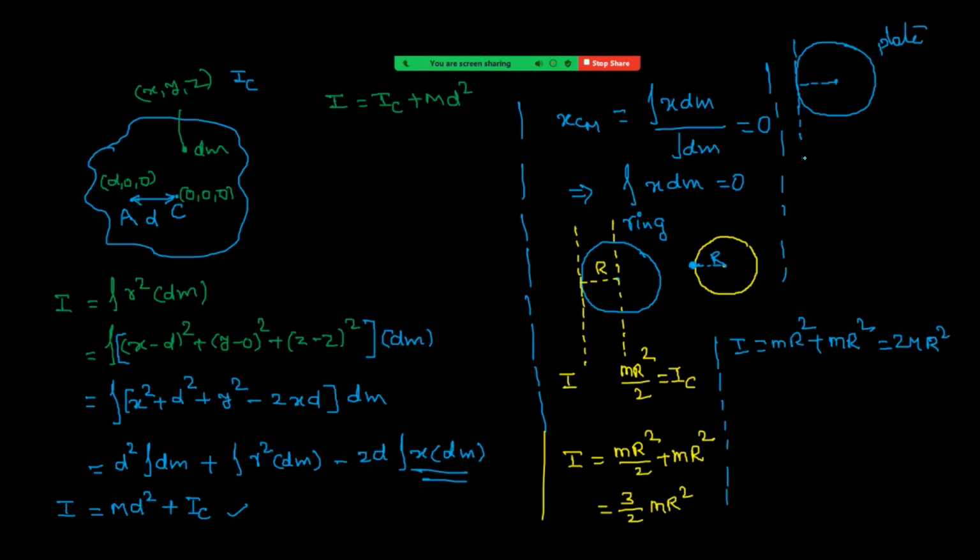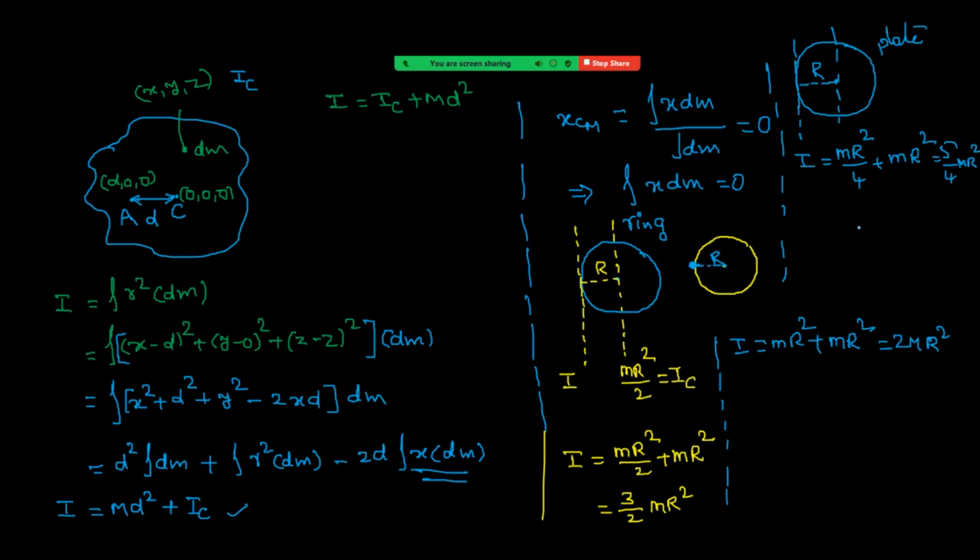Its value is equal to about its diameter, mr square by 4, right? For a plate or for a disk, about any diameter the value is mr square by 4. Separation equal to r, so plus mr square. So total value is 5 by 4 mr square.